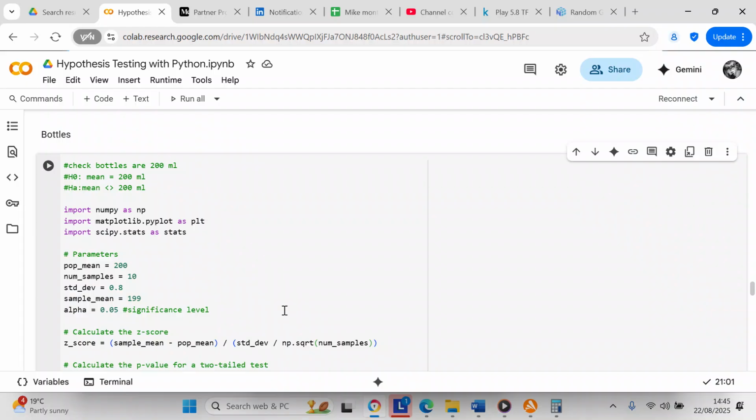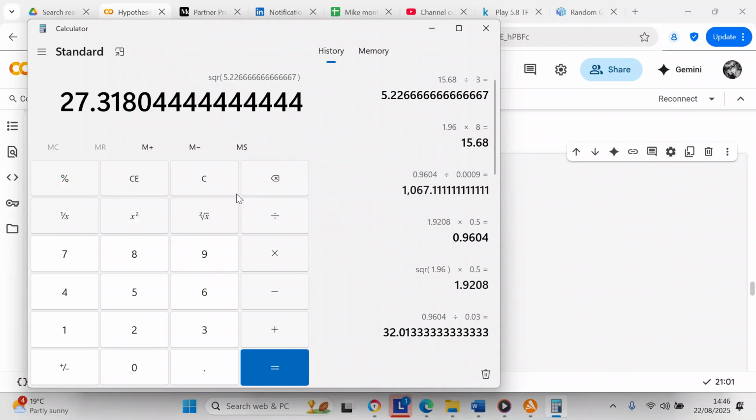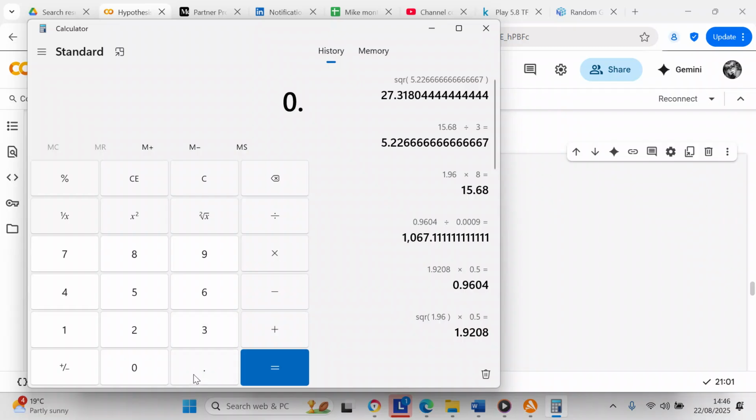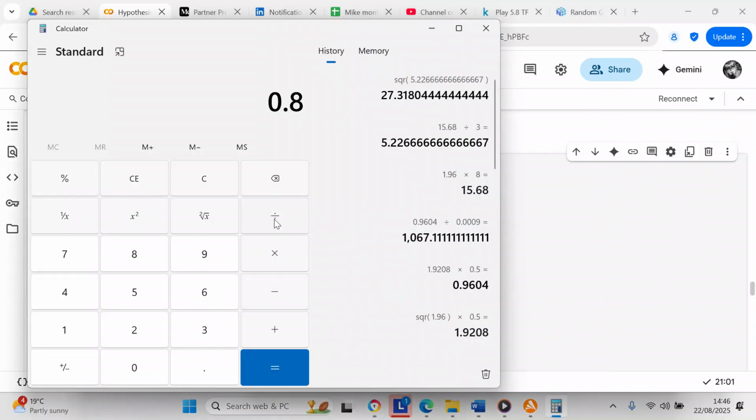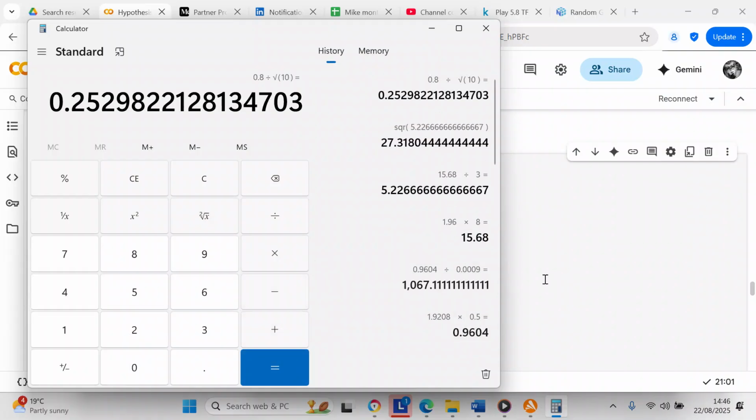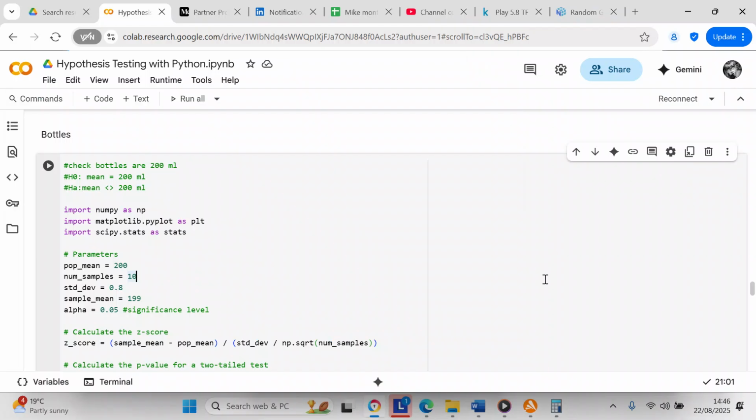The standard deviation is 0.8, divided by the square root of the number of samples. It says it's 0.25.